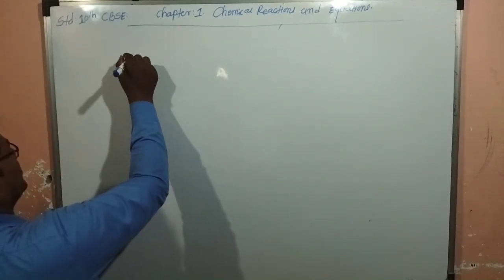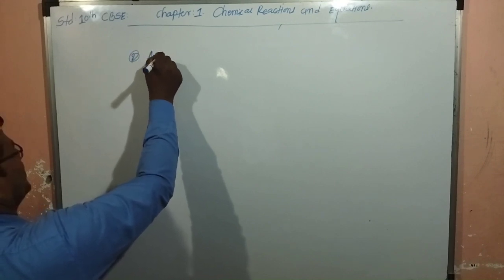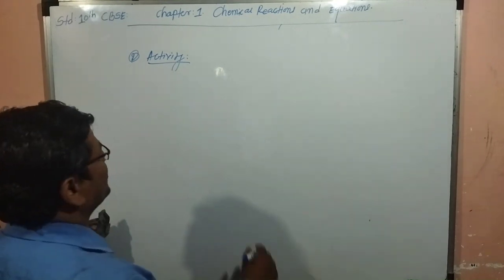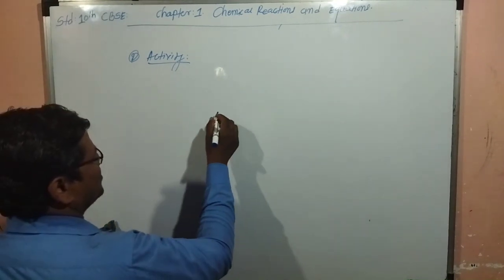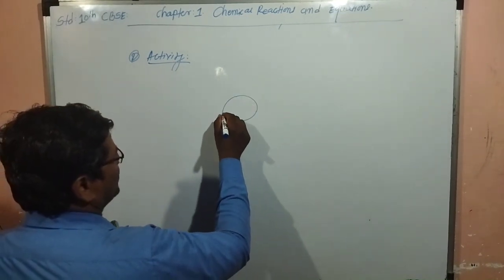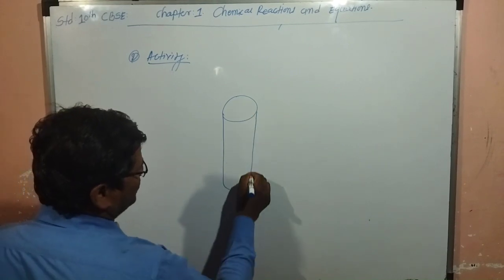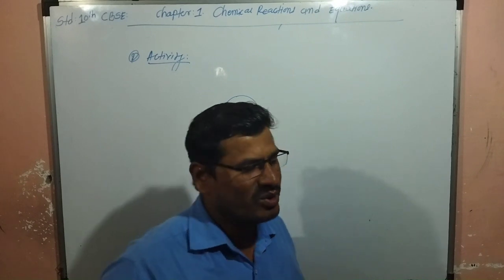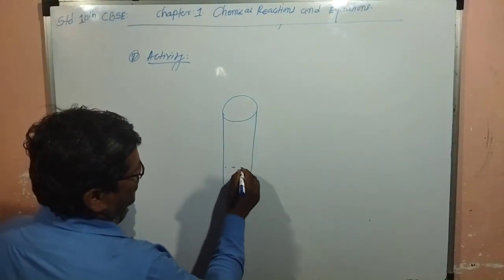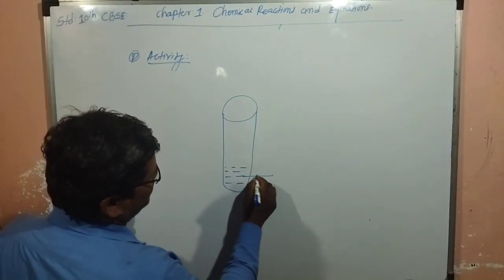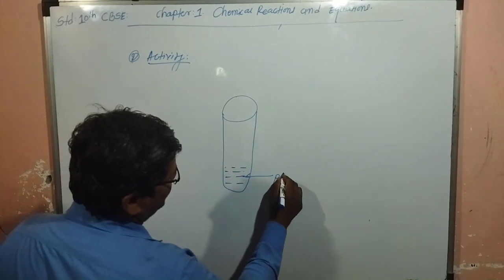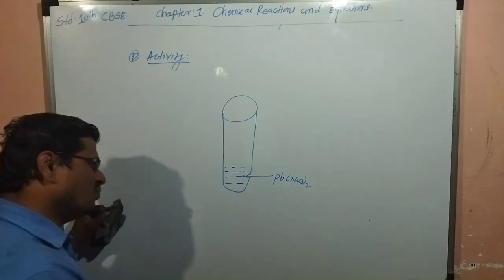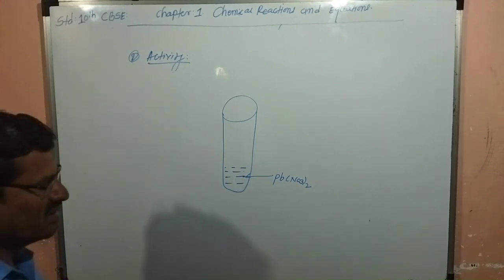So the second activity is there, and in that activity what is given? You have to take 2 substances. Suppose you take one test tube. In that test tube you have to take lead nitrate, Pb(NO3)2.